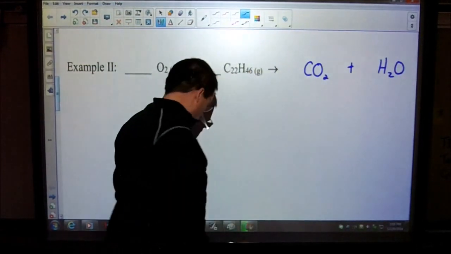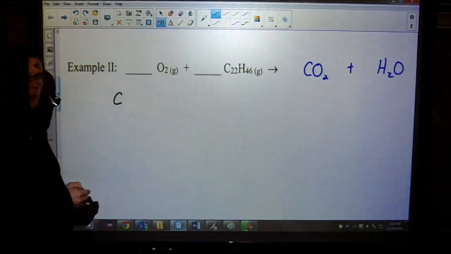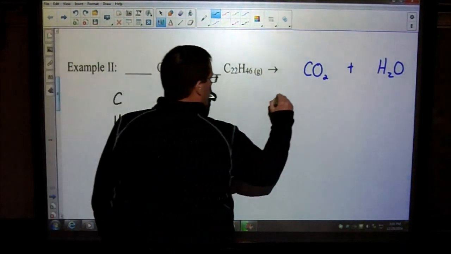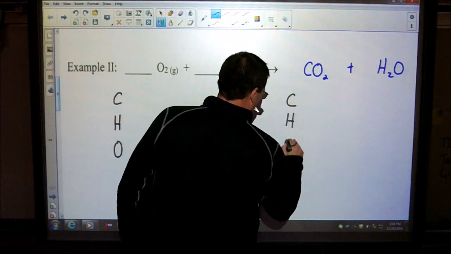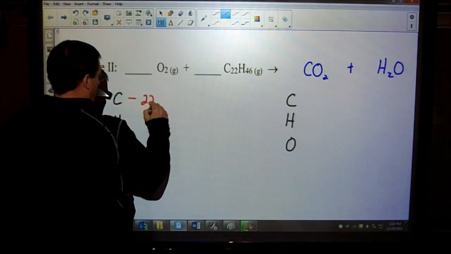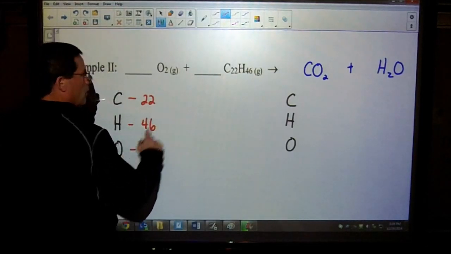So again, doing the inventory, and you kind of need to do an inventory for the combustion reactions. On this side, carbon, hydrogen, oxygen. Here we have 22 carbon, 46 hydrogen, and oxygen just 2.